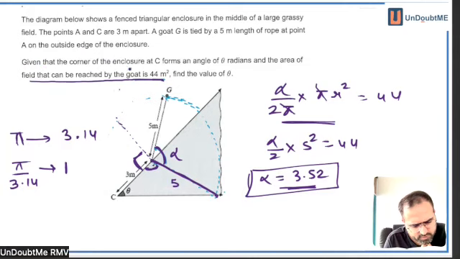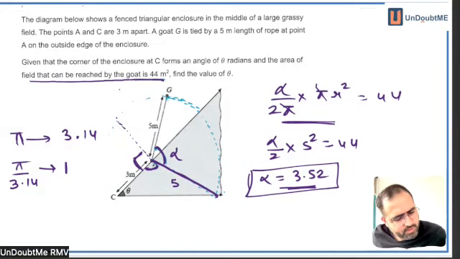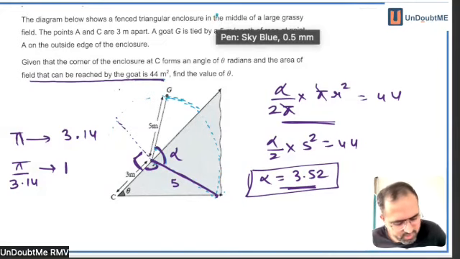Given that the corner of the enclosure at C forms an angle theta, the area of the field that can be reached by goat. Oh, there is one more thing which we need to consider.